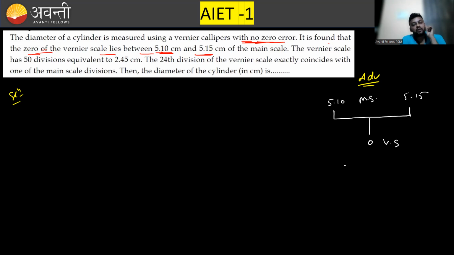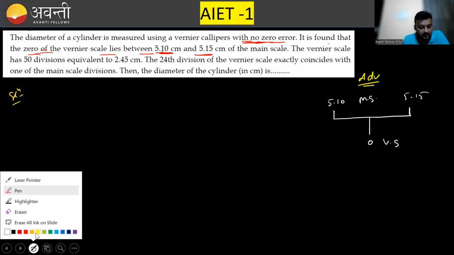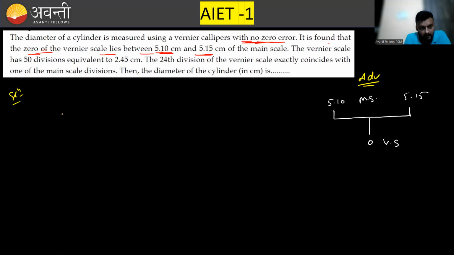Now, what you can identify, if you can read 5.10 and 5.15 on the main scale, that means this scale has a least count of what? If I say least count of main scale, I am not writing the least count of the vernier calipers.